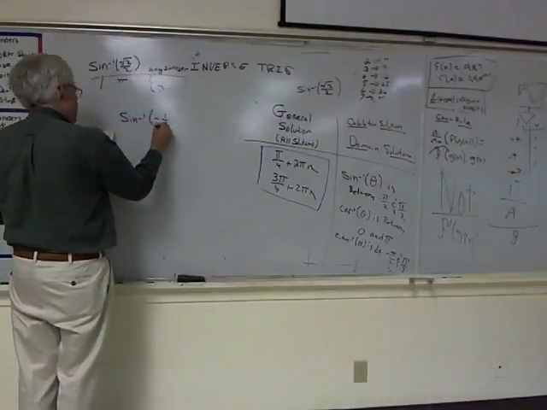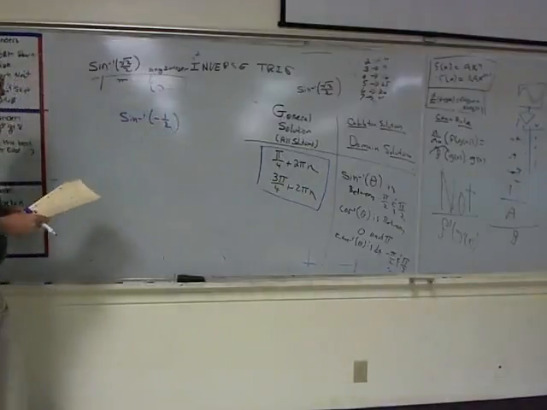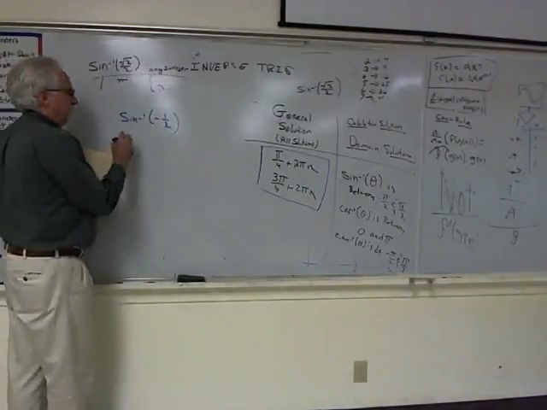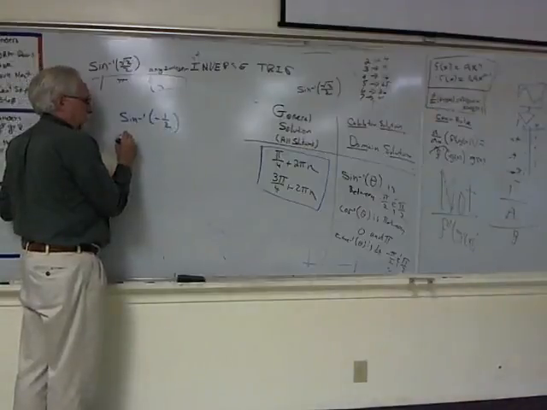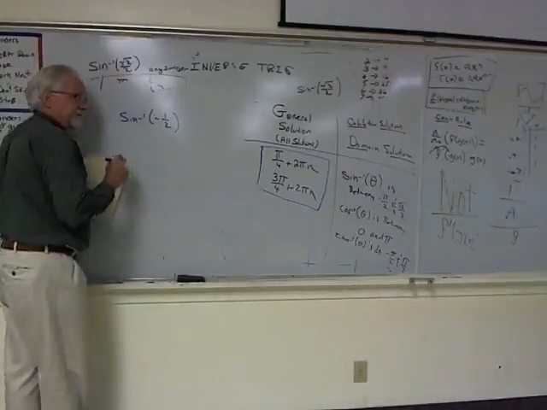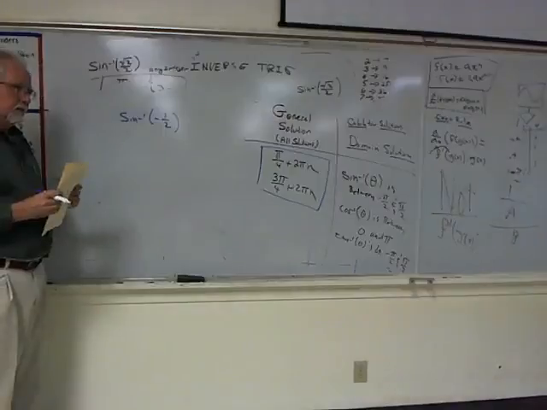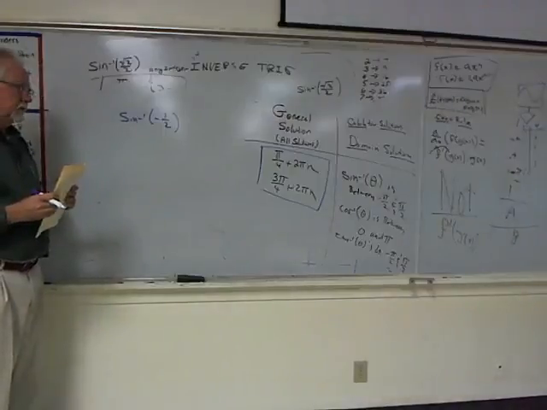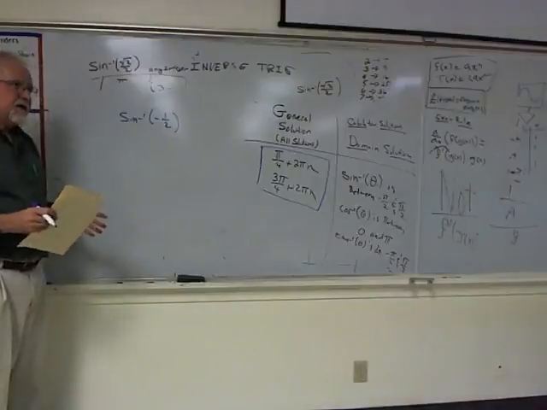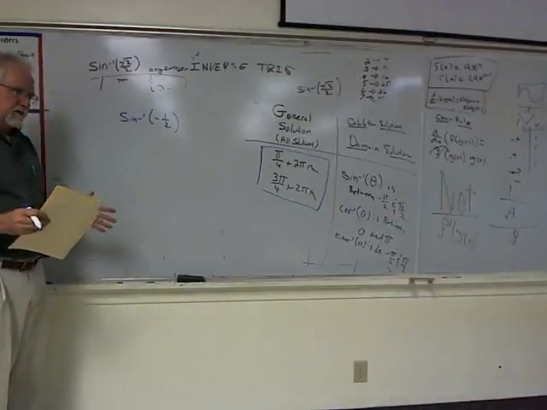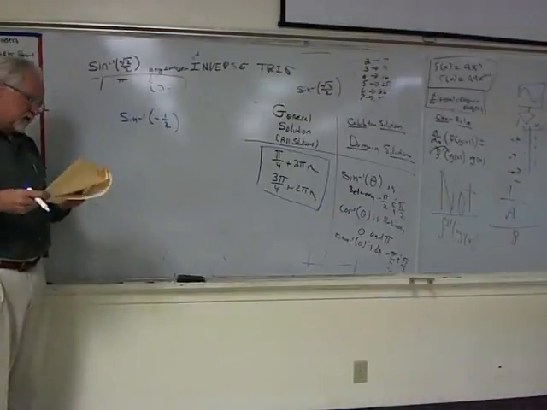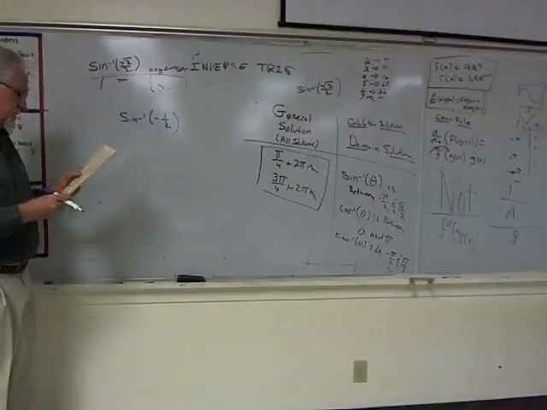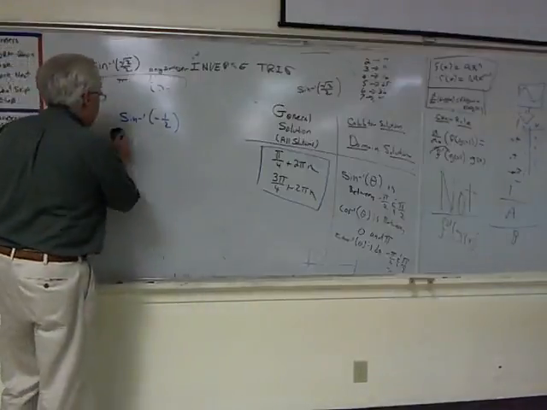Cosine inverse of theta is between 0 and pi. And tangent inverse of theta is between minus pi over 2 and pi over 2.